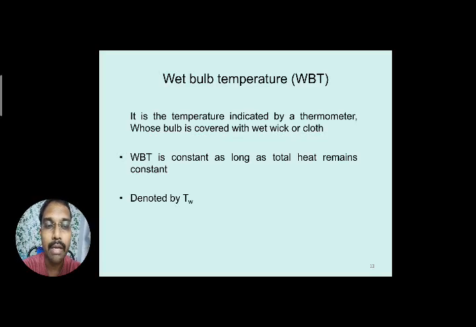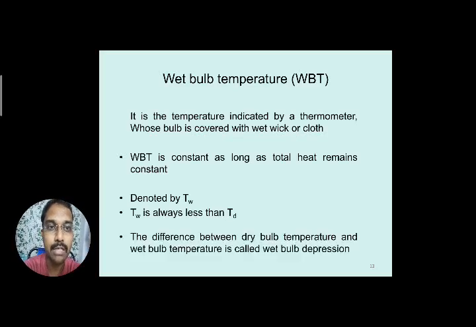It is denoted by capital T suffix W. Now you observe one point here. Due to the wet wick or wet cloth around the bulb of the thermometer, when you place it in the atmosphere, it records a lesser temperature when compared with the dry bulb temperature. Remember this point, TW is always less than the TD value when you measure with the given conditions.